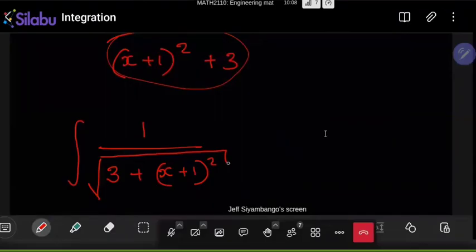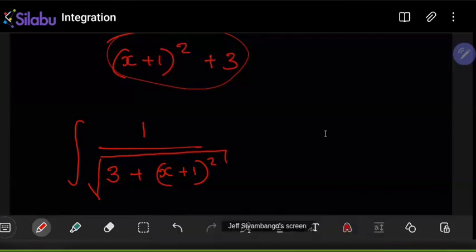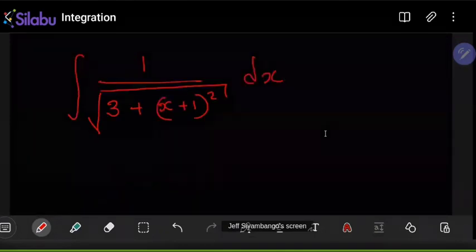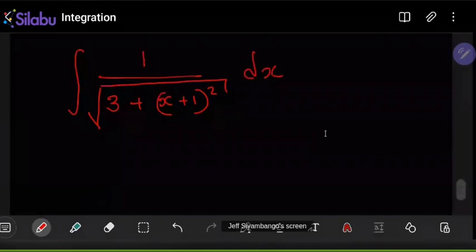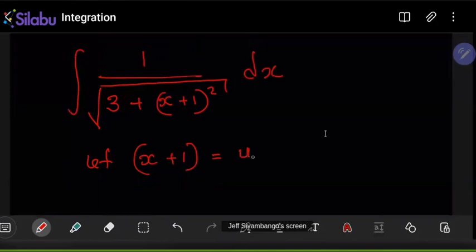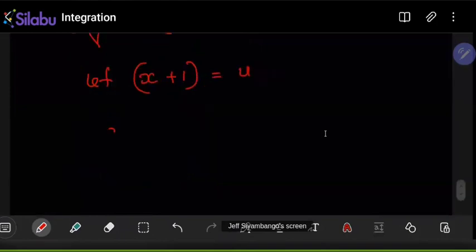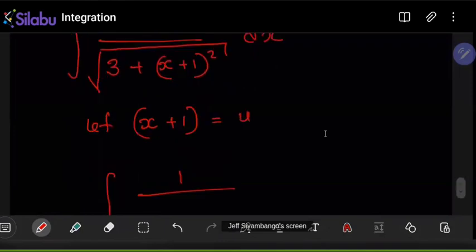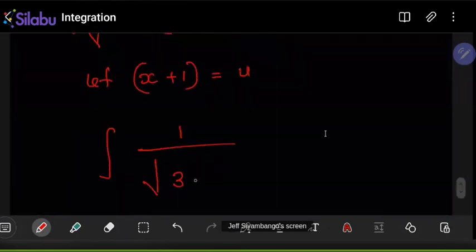And when you look at where we are now, of course, this is dx. At this point, you can easily say, let x plus 1 be represented by a variable like u, so that now the integral becomes the integral of 1 over 3 plus u squared.